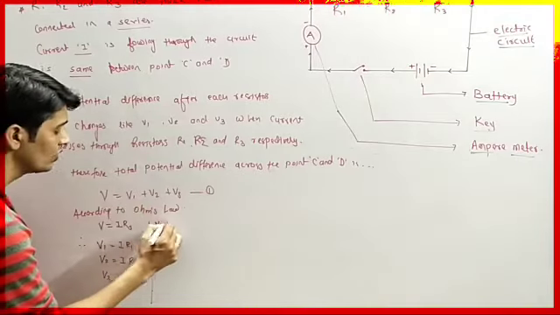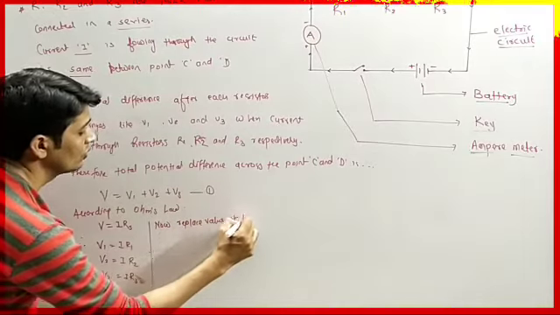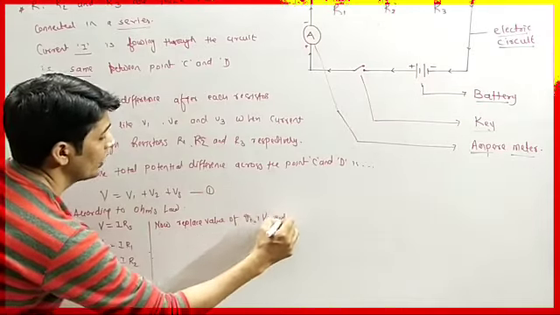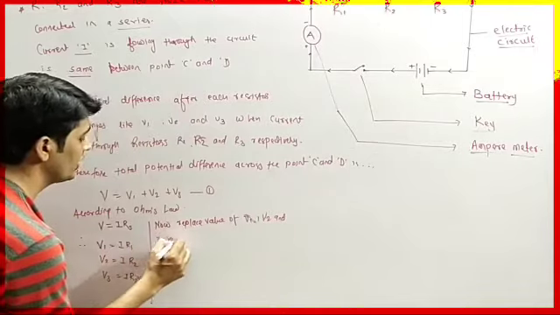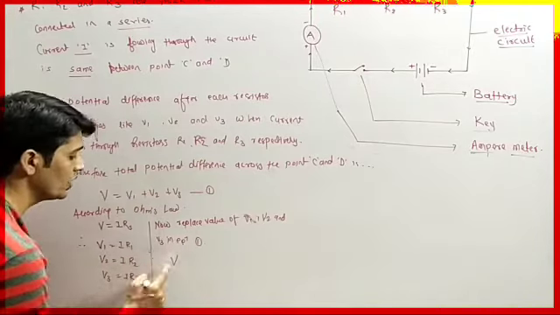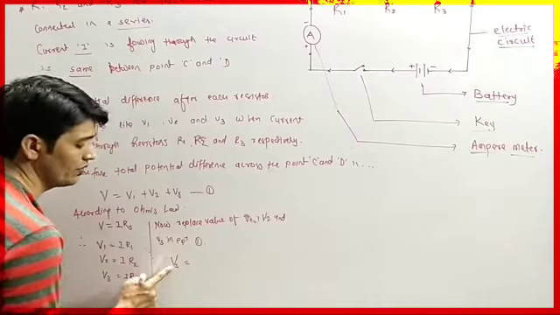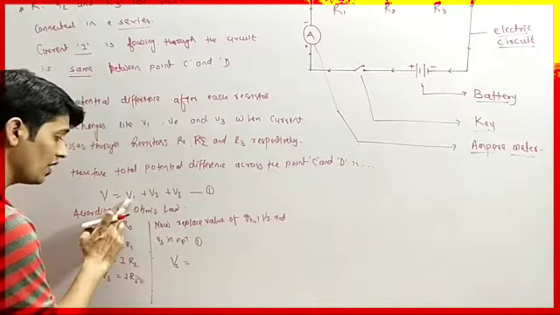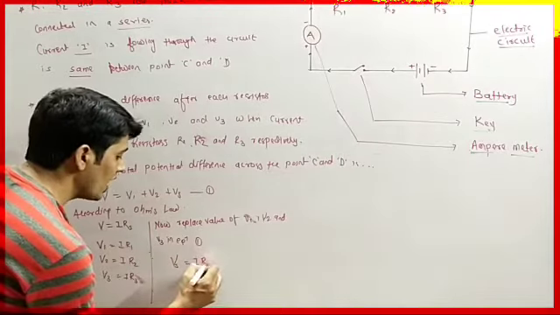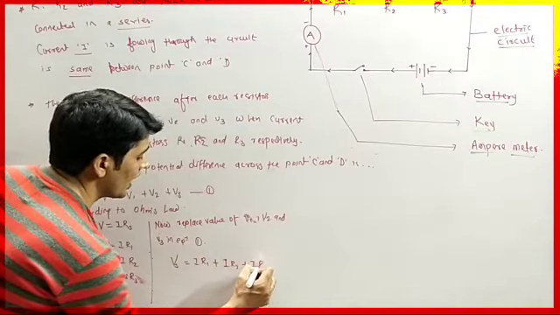Now replace the values of V1, V2 and V3 in equation 1. So we get V, the potential difference in series, Vs equals I R1 plus I R2 plus I R3.